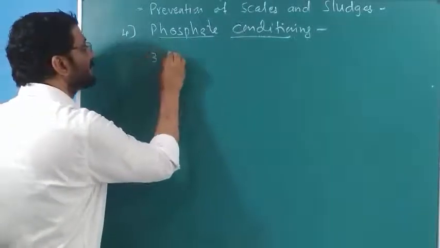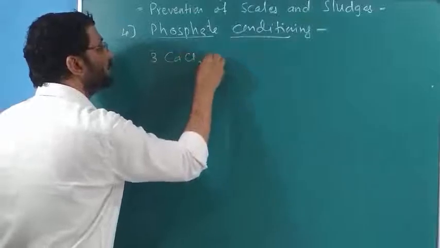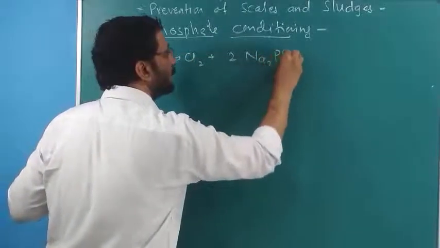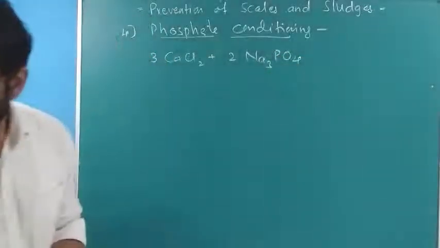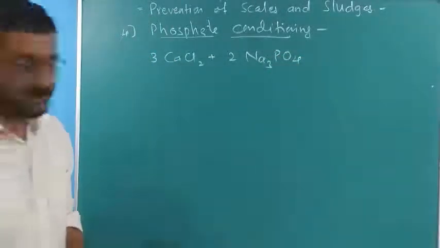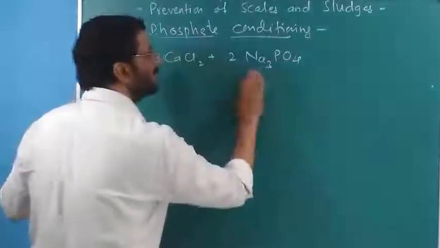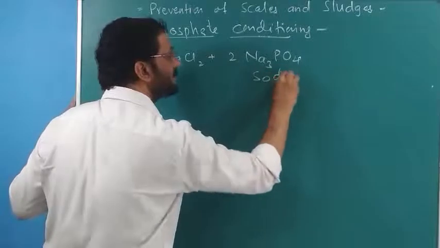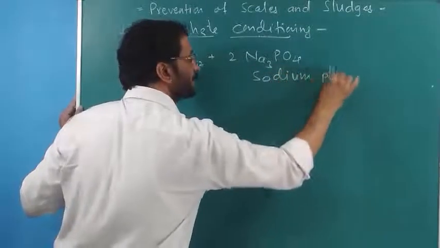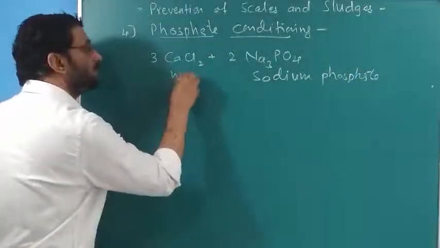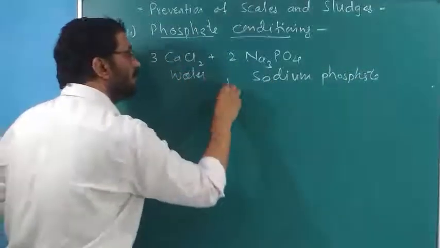For example, 3CaCl2 plus twice Na3PO4, that is sodium phosphate. This is orthophosphate, or sodium phosphate. Fine. This is there in the boiler feed water. What am I getting?